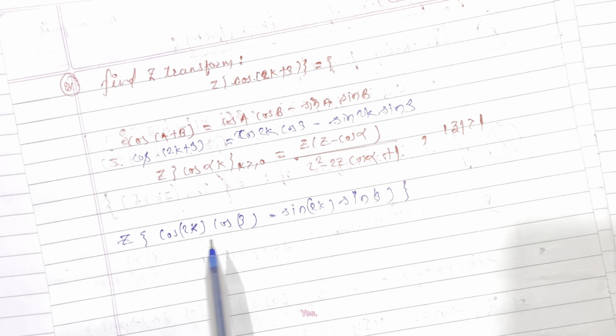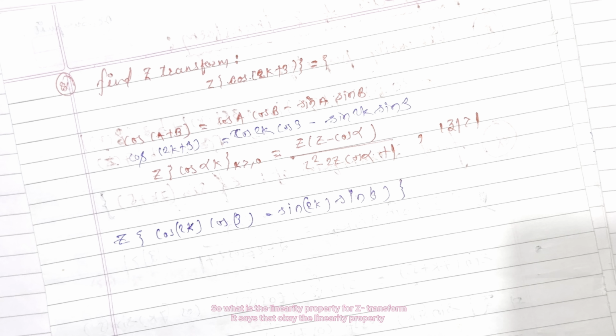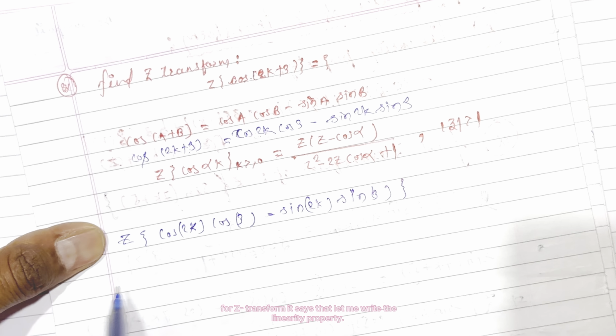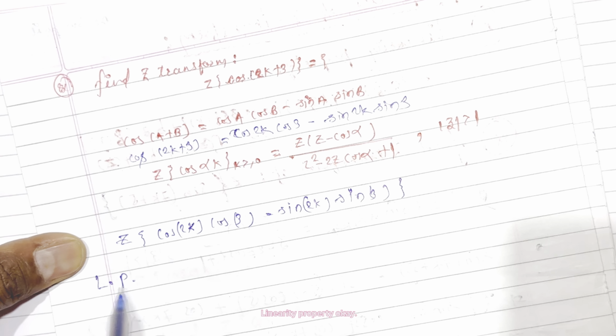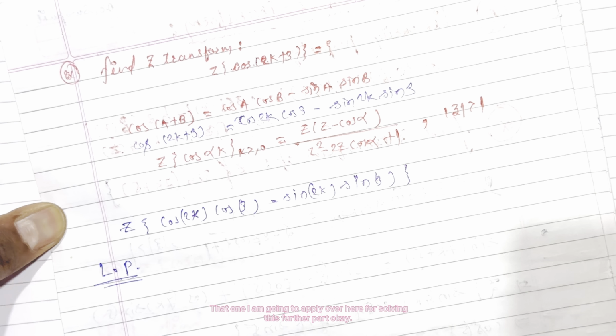Yes. Now we have to apply the linearity property for the Z transform. So what is the linearity property? Let me write it; I am going to apply it over here for solving the further part.